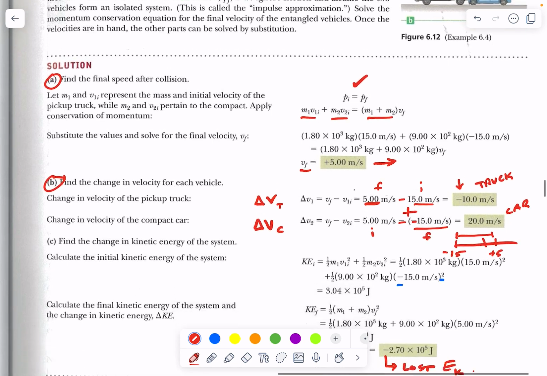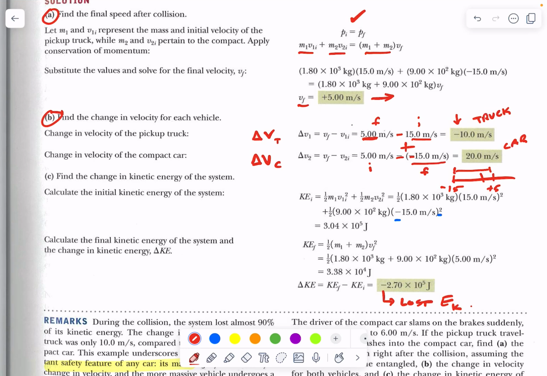Now, letter C, find the change in kinetic energy of the entire system. So what we're going to do is first of all find the kinetic energy of my truck and my car. So here's the kinetic energy of the truck right there, 1/2 mv squared. Here is the kinetic energy of my car right down here.